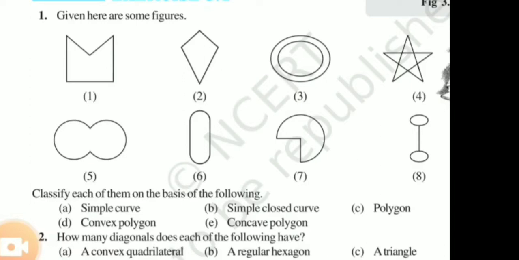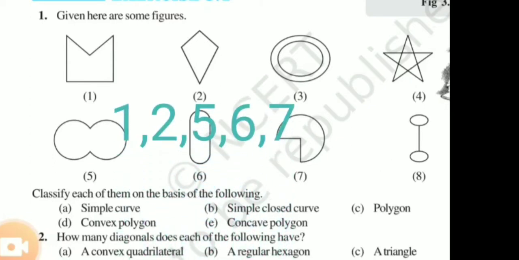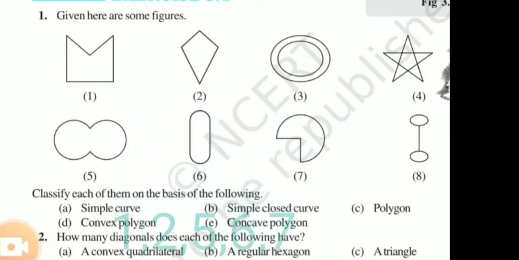The first one is a simple curve, second one, fifth, sixth and seventh. So these all are the simple curve. Because here without lifting a pencil we can draw these 5 figures, means 1, 2, 5, 6 and 7. Okay. So these are the simple curve.